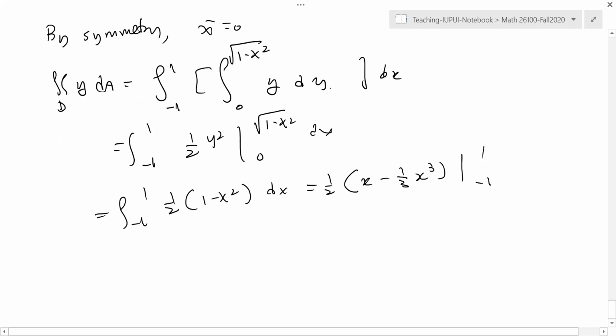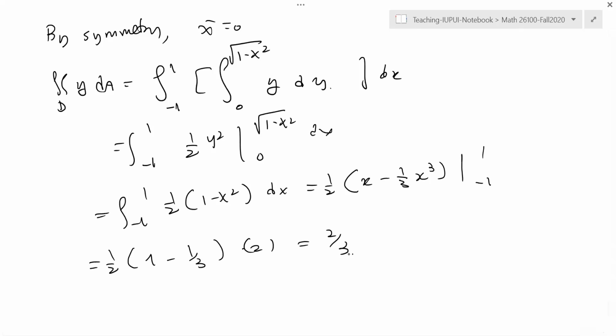So what is that? This cannot be negative, be careful. It's 1 minus 1/3, and the other one is just the same, so double it, multiply by 2. That gives 2/3. All right, good.